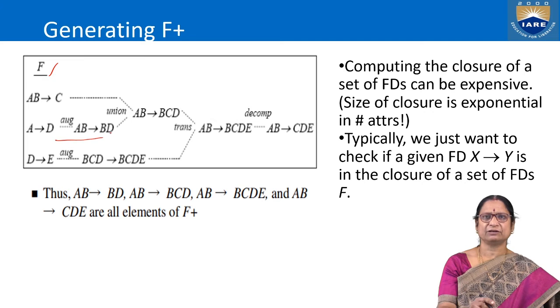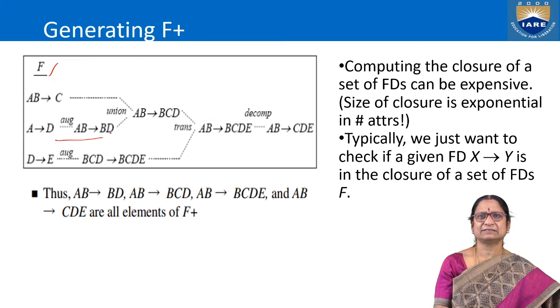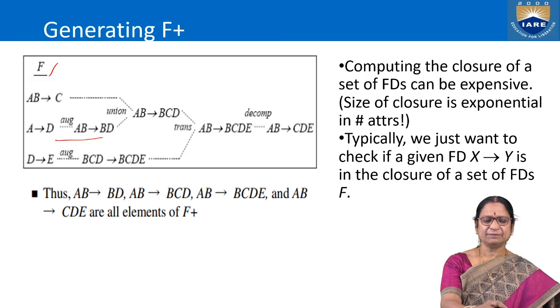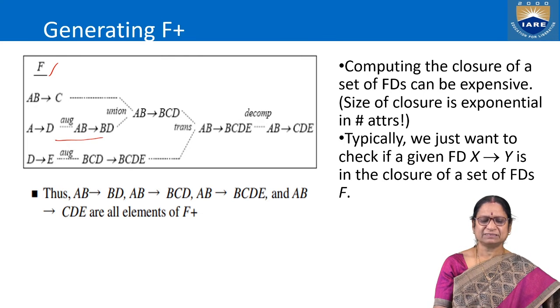The rule was also specified in this slide. What is the augmentation rule? We are adding an attribute B on both sides, so AB determines BD. AB determines C is there, AB determines BD is there.